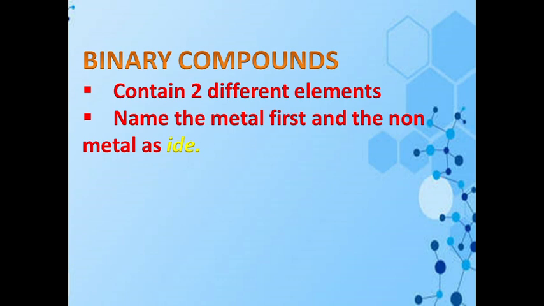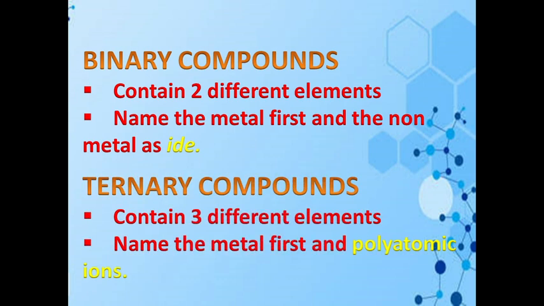At this time, let us differentiate between binary and ternary compounds. Binary compounds are compounds that contain two different elements.